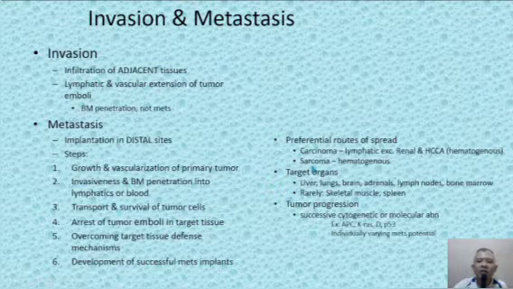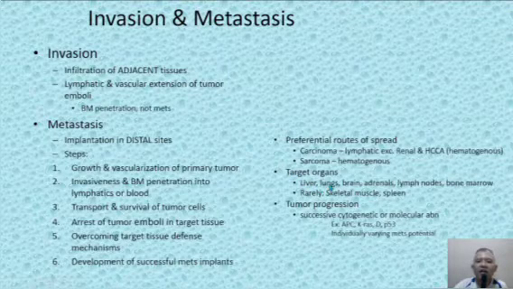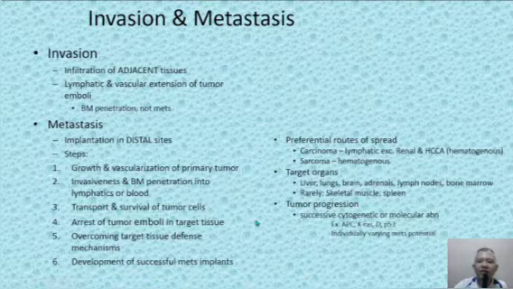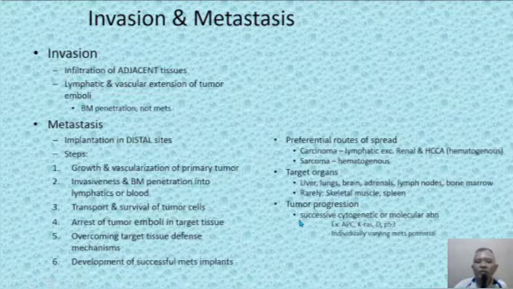The usual sites of metastasis are the following. Basically it's just liver, brain, bone, and the lungs. So the tumor progression is really dependent on the oncogenes and the tumor suppressor genes that are involved.